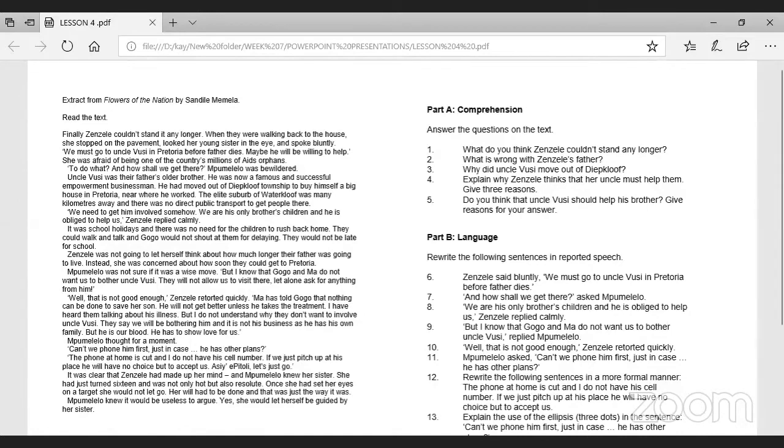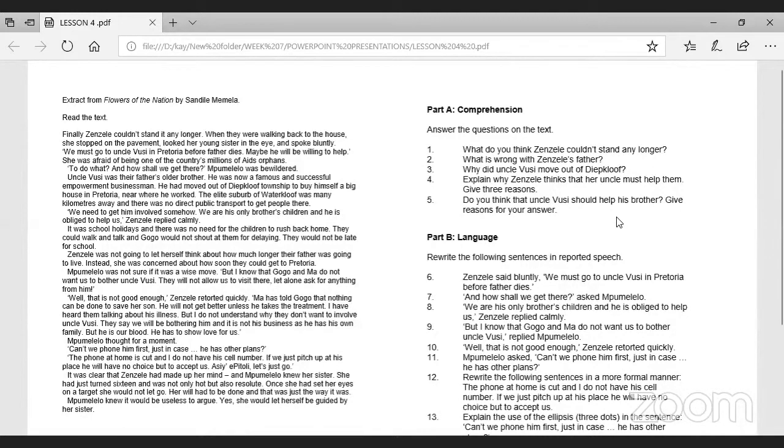Okay, please quickly finish. Okay, guys, let's start marking. Otherwise, we are going to be stuck in part A.